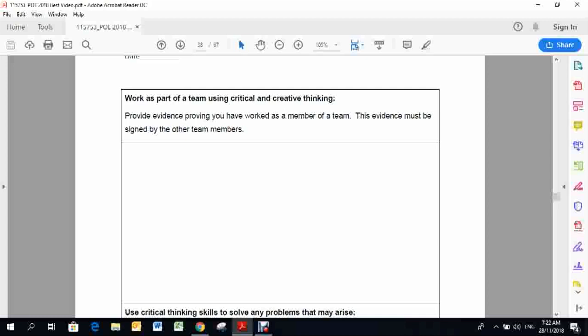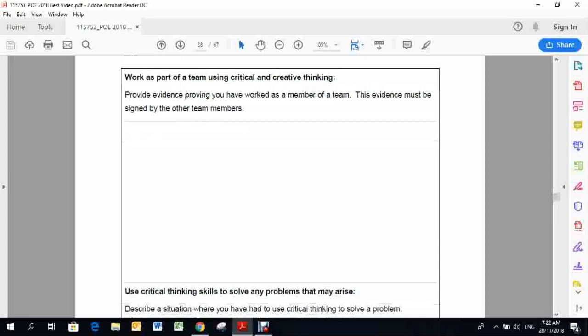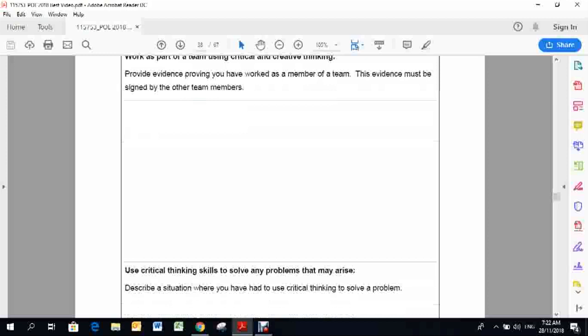You do a certain task and the other one does a certain task, and collectively you achieve an objective for the department. If you are employed, you may have evidence of signed documents by the team players or team members that you're working with.